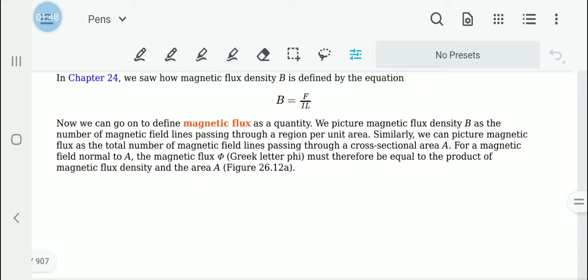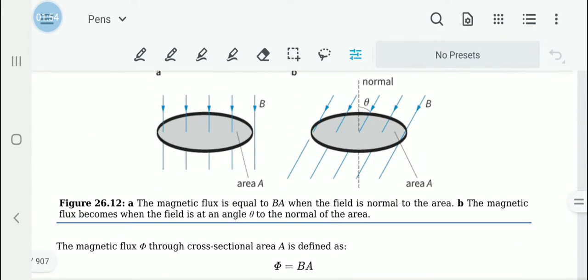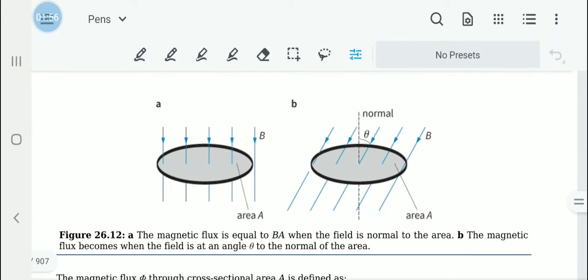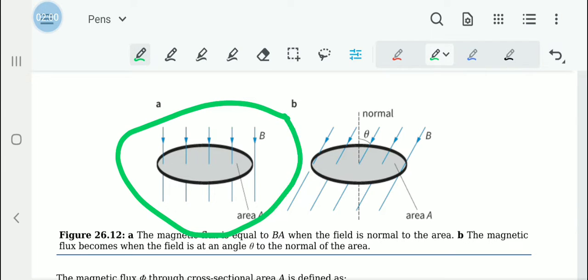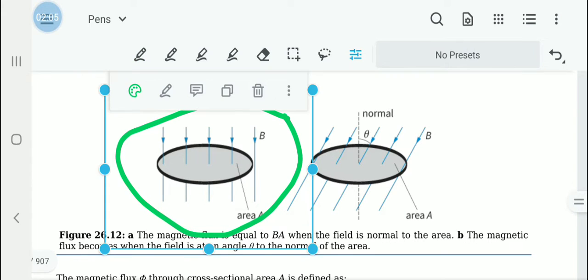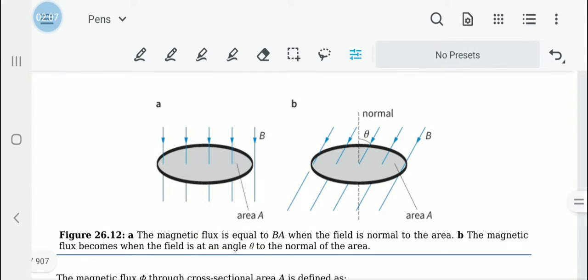Magnetic flux density times area will give us the magnetic flux phi. So here B is the magnetic flux density, and that multiplied by the area will give you the magnetic flux.